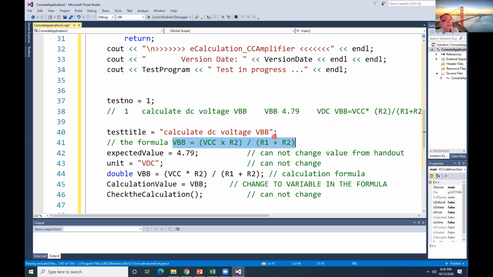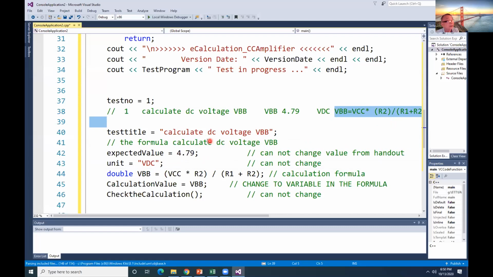Okay. Expect value 4.79 times 4.79. Unit VDC. Okay. And now the double here. Then basically you copy your formula. Okay. Let's see why we don't have that one. Let's see. Copy.